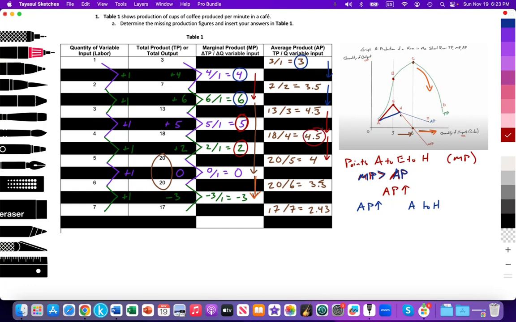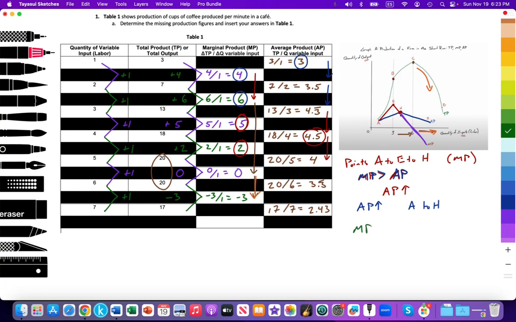So right here, we see that the average product curve is at its highest point, which is basically point H. And then since the marginal product curve is now less than the average, the value of the data along this curve is lower than the average, so it's going to pull the average down.